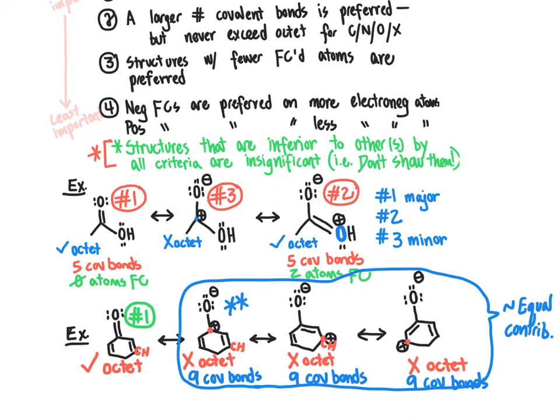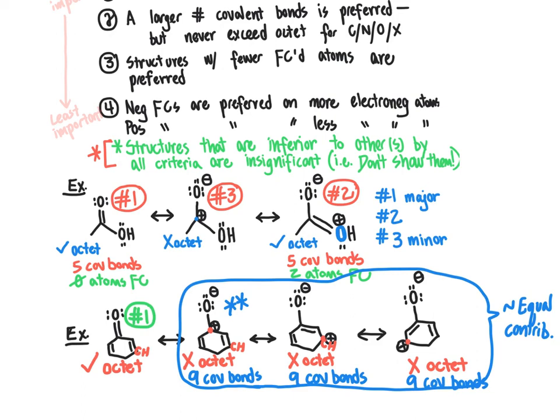But based on these 4 basic criteria that we've looked at up top, we can say that the contributions of these 3, we could argue, are relatively equal to one another, because we're really digging pretty deep down to pretty fine points and minor differences to separate out these 3. So we'll go ahead and deem those as being approximately equal contributions. So we'd rank all of those as equal contributors, but definitely the major contributor is going to be that one on the far left, because that was the one that had the octet.